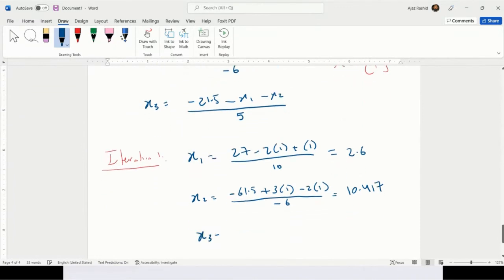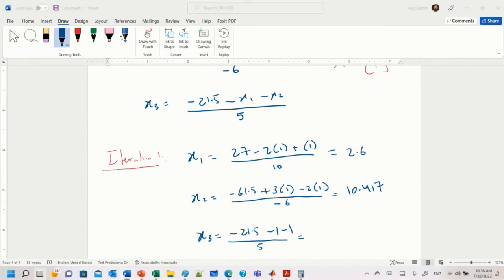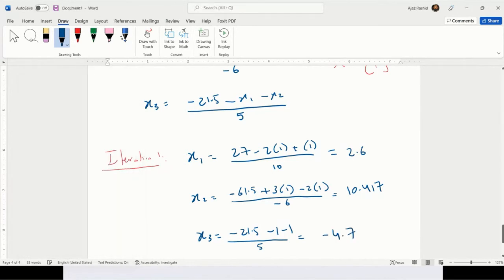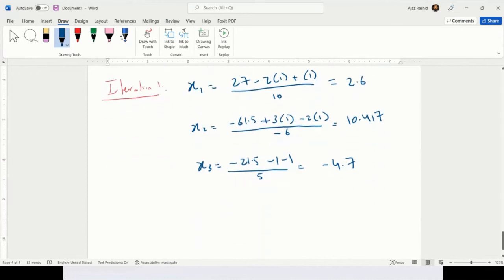And I have x3 is minus 21.5 minus 1 over 5. So that's minus 23.5 divided by 5. So minus 4.7, because I didn't put a minus sign there. So that's the first iteration value.